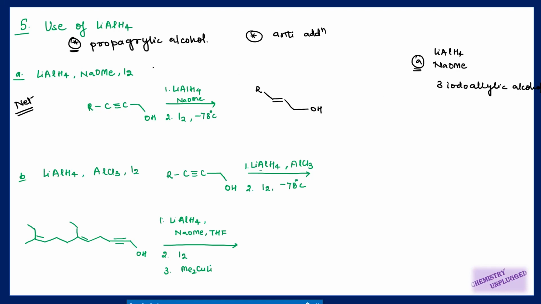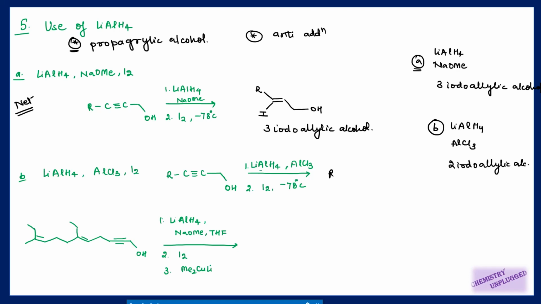From this propargylic alcohol, after reduction we have allylic alcohol. So at the 3 position we have to attach I, means this is 1, 2, 3. At the 3 position we will attach this I. We will get 3-iodoallylic alcohol. And when we are using this aluminum chloride, then we will get 2-iodoallylic alcohol.